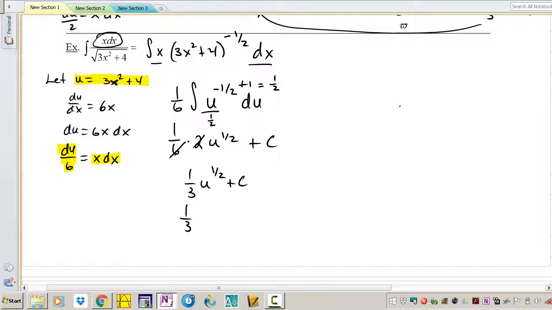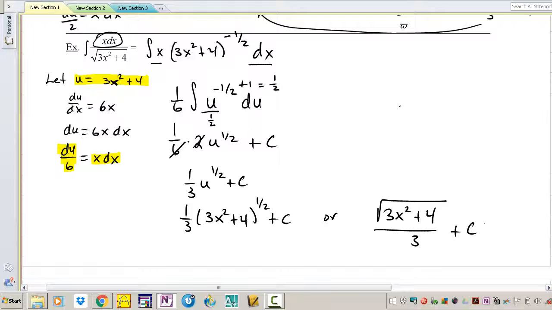Replacing u, it's 1/3 (3x squared plus 4) to the 1/2 plus c, or if it's multiple choice, the square root of 3x squared plus 4 over 3 plus c. And you can do the check on your own for this one.